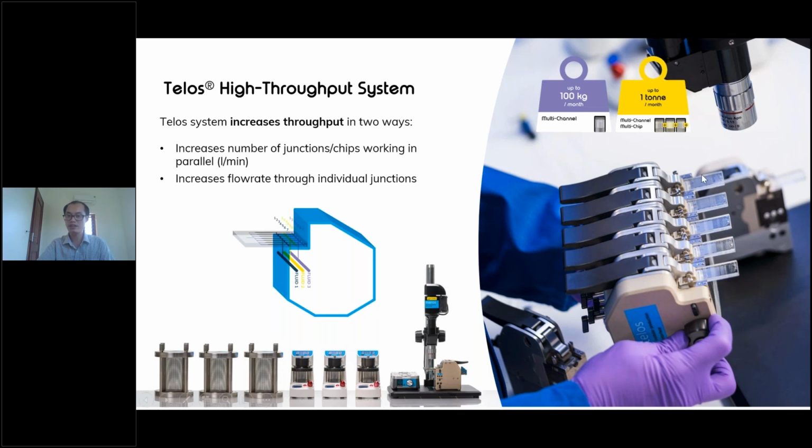In one chip we have 7 microfluidic channels that work in parallel, which allows you to work at a higher flow rate, and it also increases the flow rate through the individual junction. We can integrate up to 10 chips working together in parallel in one system, which allows you to increase the production rate.